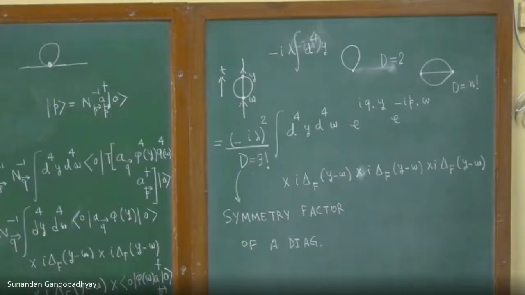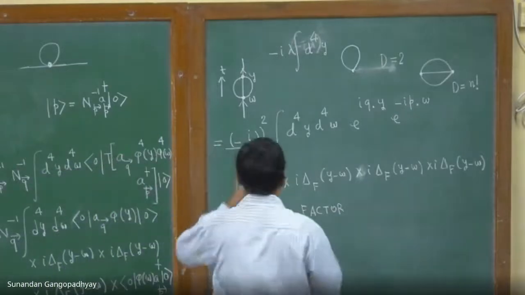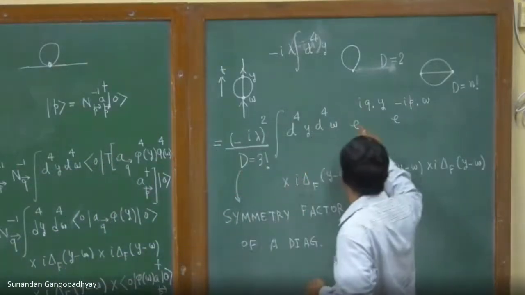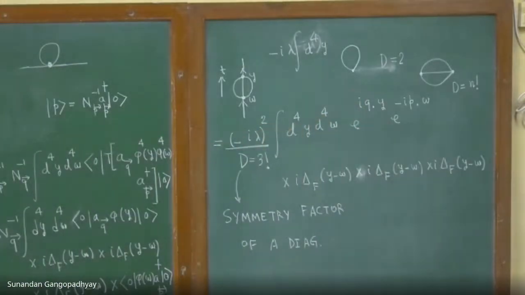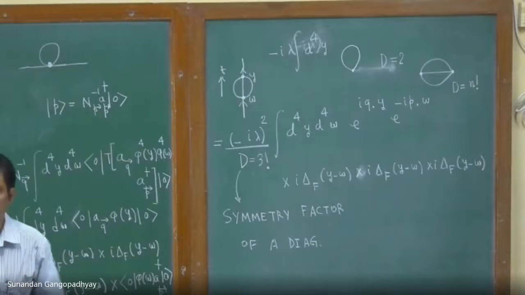So these are all about the Feynman rules in position space. Whenever you have a loop, remember that if you try to draw a diagram for this, what will you get? You will get minus i lambda, integration over this vertex, delta function of y minus w corresponding to this thing, and these external lines will give you the factors of e to the power of minus ip dot y and e to the power of iq dot z.